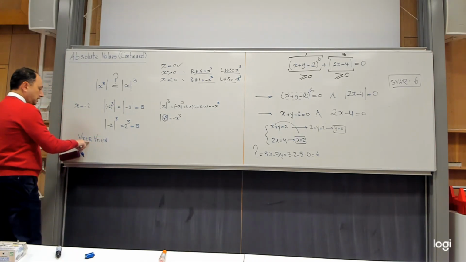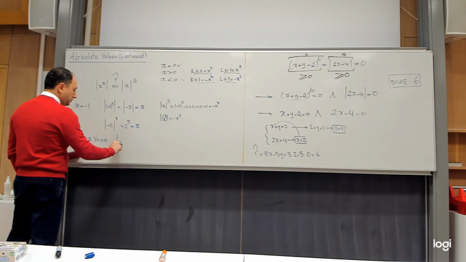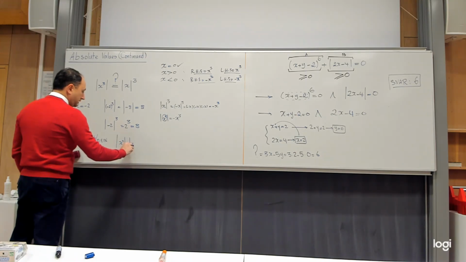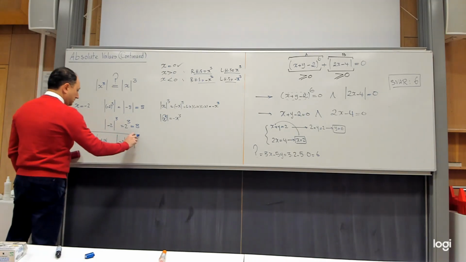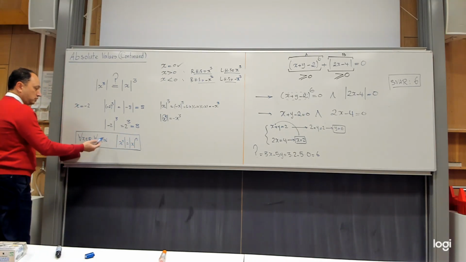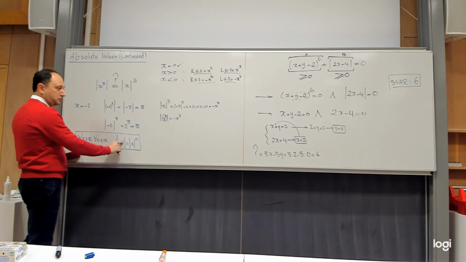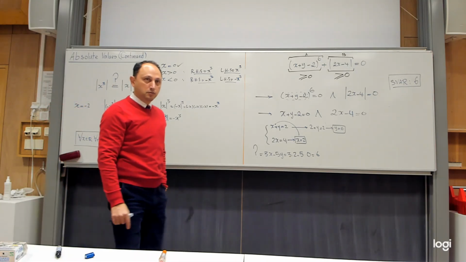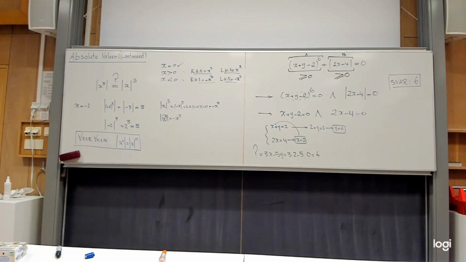For all real numbers and for all natural numbers, the absolute value of x to the power of n is exactly equal to the absolute value of x, to the power of n. So I want you to be comfortable with working with absolute value signs. So if you have a power here and in a problem you need to move it here, feel free, you can do that, okay? But this was the motivation, it is not just coming by accident.